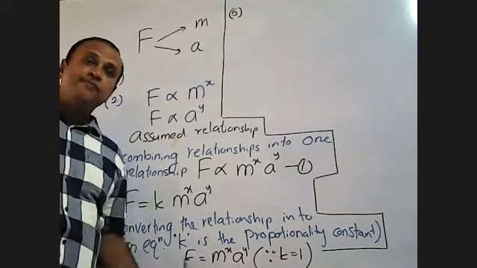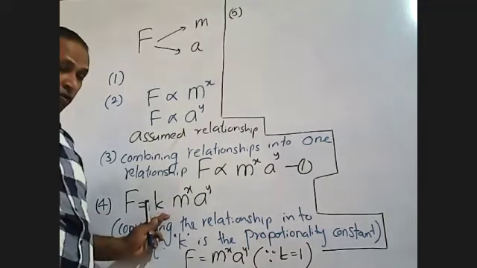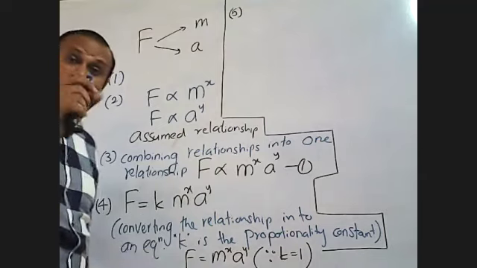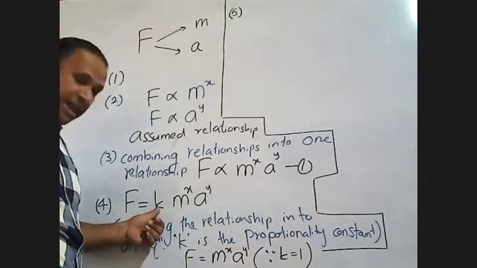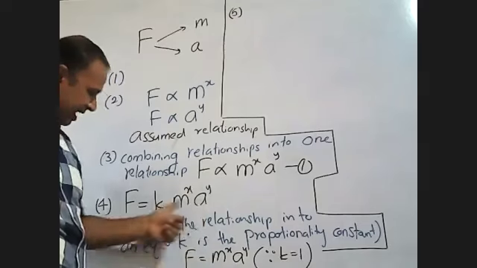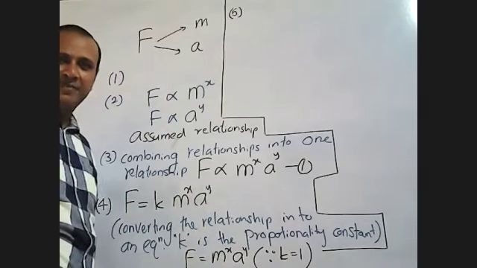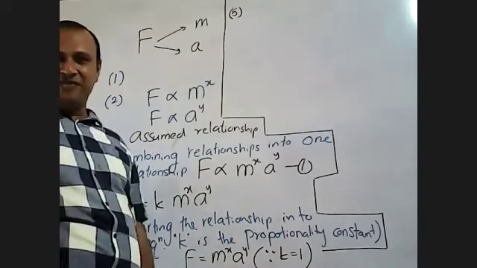Now you have an equation. So if I know the dimensions of k, m, a, and f, if I know all of them, then we can find x and y.